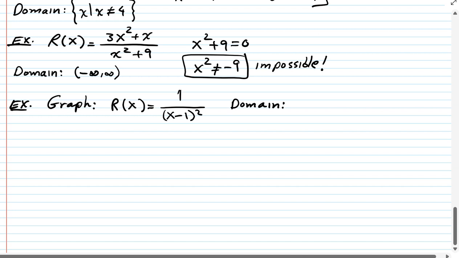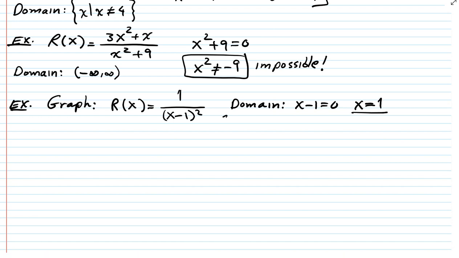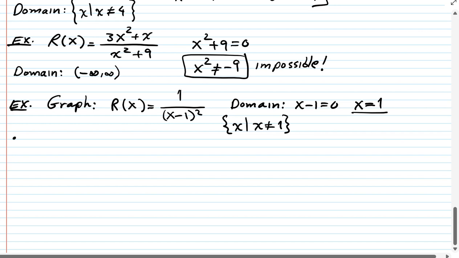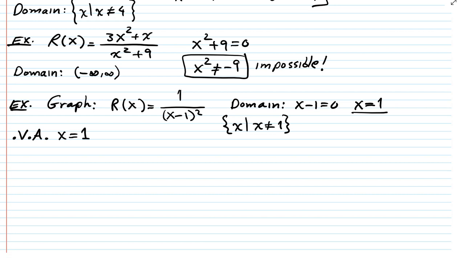Domain is what makes the bottom 0. x equals 1. So the domain is all x except 1. x cannot be 1. And indeed, the vertical asymptote is placed where the denominator is 0. So x equals 1 is the equation for the vertical asymptote.